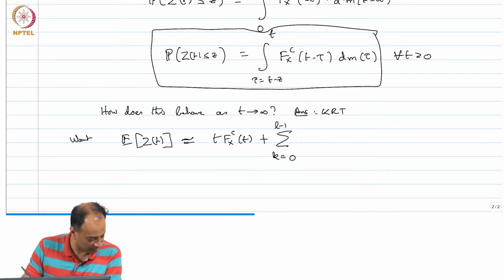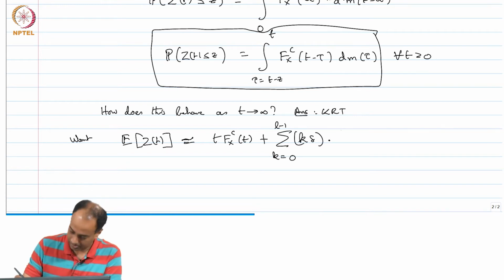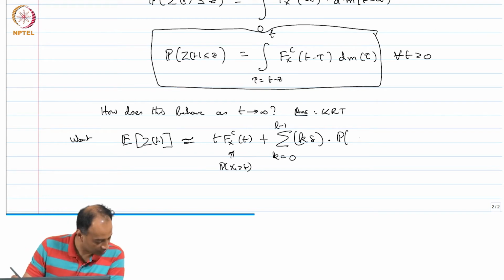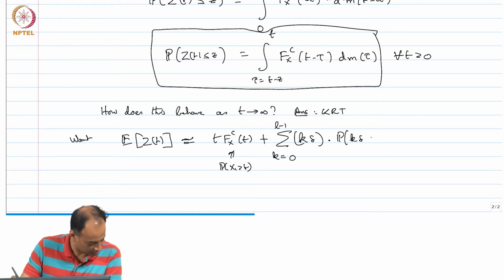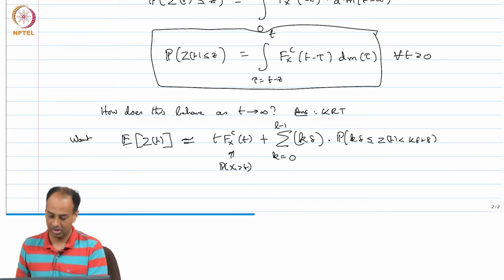It will be like k delta, which is the value of the age, times the probability that k delta is less than or equal to Z(t) less than k delta plus delta, and this we already know what it is.